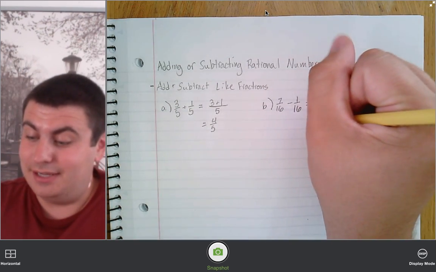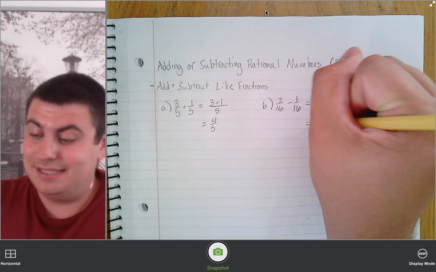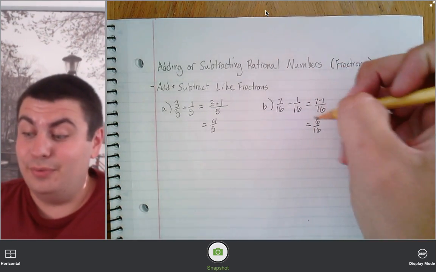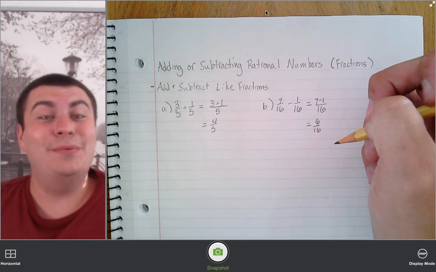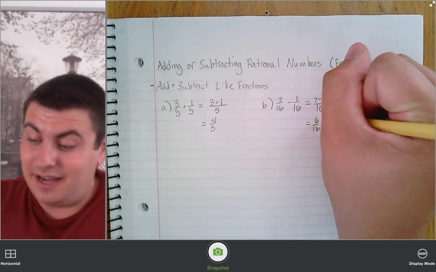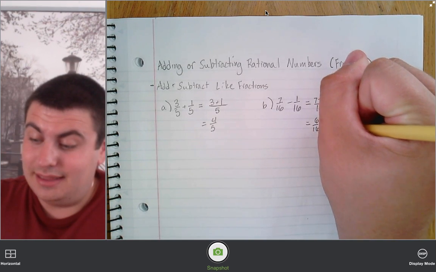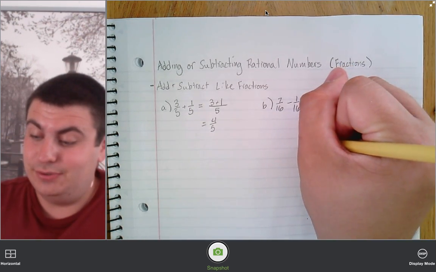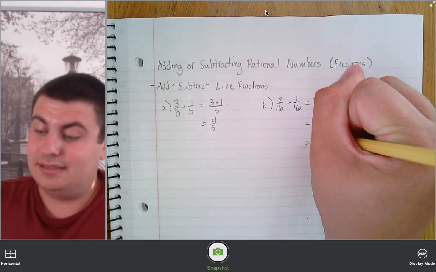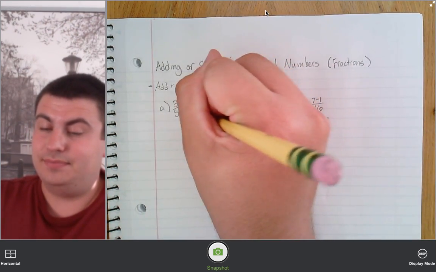So 7 minus 1 over 16 becomes 6 over 16. Now, we can reduce, so we will reduce. We can divide both the numerator and the denominator by 2, so we will be left with 3/8 as our final answer.